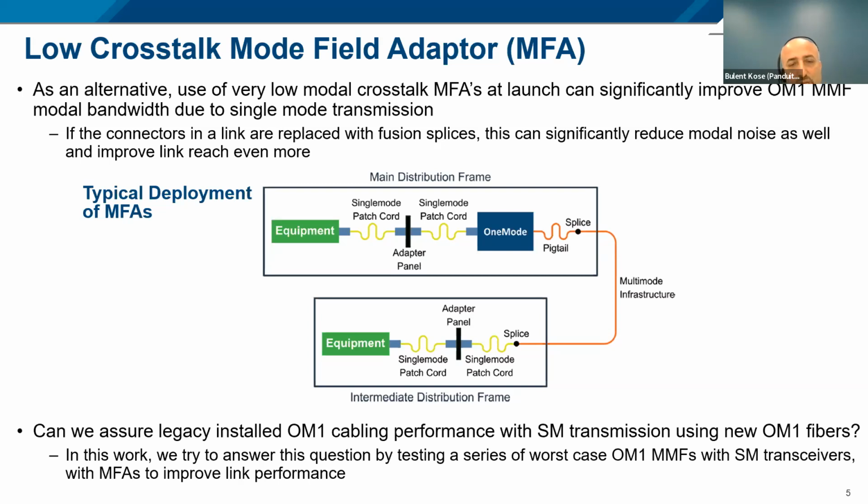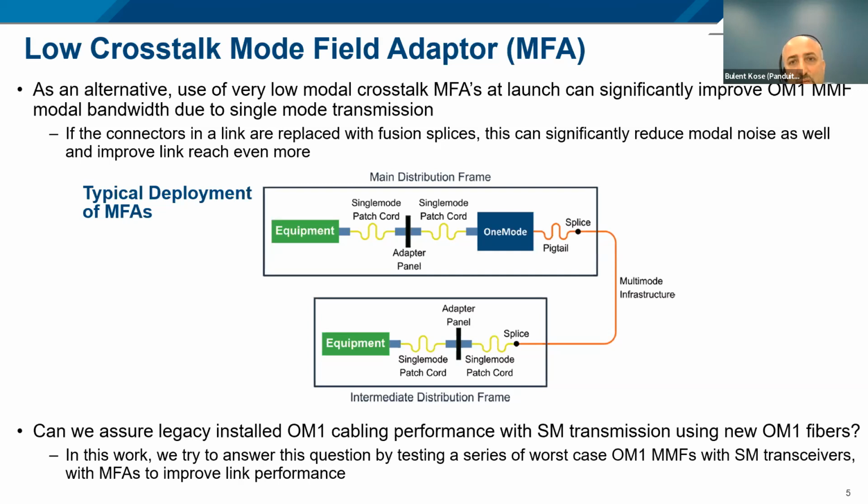I put here a picture again from one of our earlier papers. This is a typical deployment of these mode adapters, where in a main distribution frame, you put your mode adapter after the single mode patch cord. So basically you have an equipment transceiver, a single mode transceiver, let's say 10GBASE-LR or even 10GBASE-LRM, which is the one that I use in my test, which is kind of the worst case.